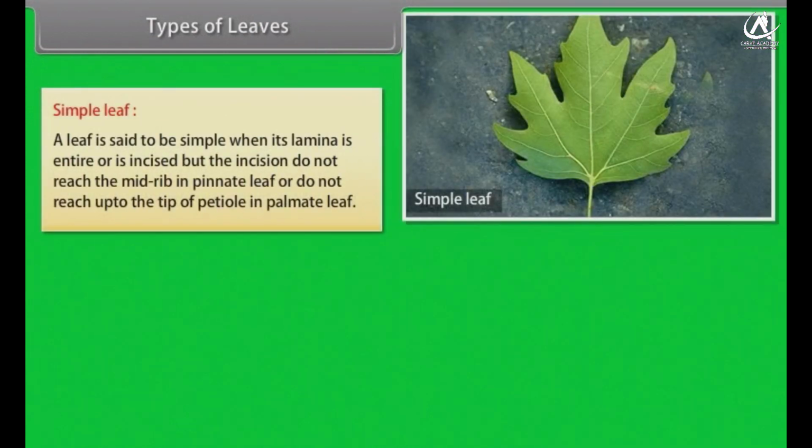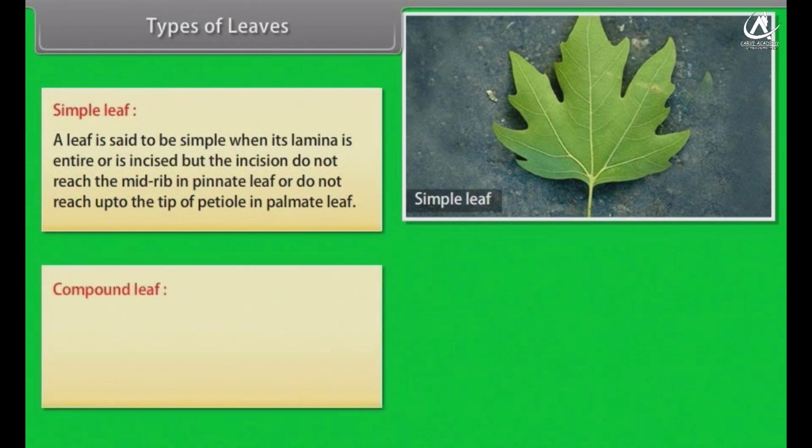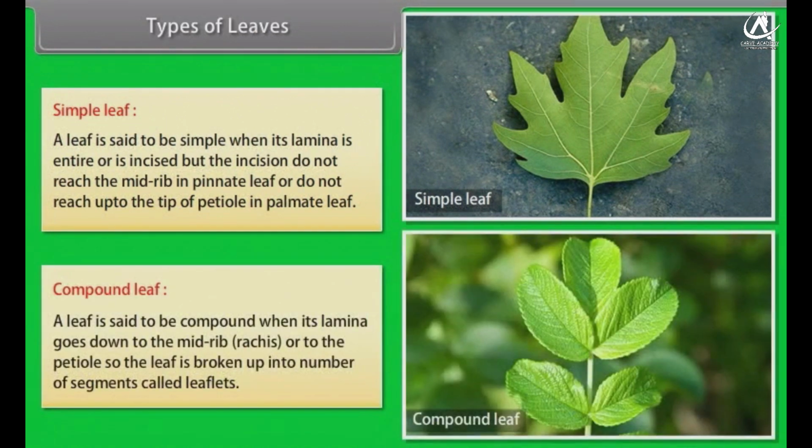A leaf is said to be simple when its lamina is entire or is incised, but the incisions do not reach the midrib in pinnate leaf or do not reach up to the tip of petiole in palmate leaf. Compound leaf. A leaf is said to be compound when its lamina goes down to the midrib, rachis, or to the petiole, so the leaf is broken up into a number of segments called leaflets.